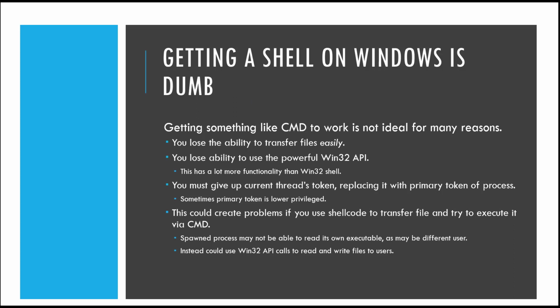So this is kind of a clever title: Getting a shell on Windows is dumb. And it really is, because if you think about it, it may seem like a good idea to get a shell, meaning essentially you have access to the command prompt. You can type commands into the command prompt, and if you can do that, then you have a tremendous amount of freedom to do a lot of dangerous or powerful things on somebody's system.